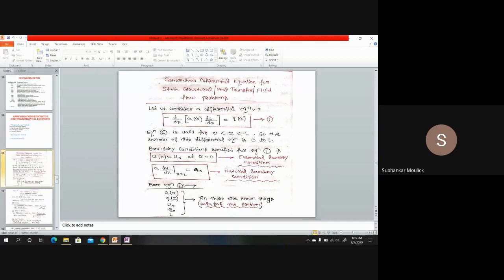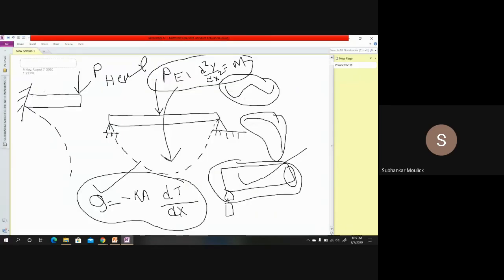Okay. So let us assume that for the given differential equation, this boundary condition is applicable for this cantilever beam problem. That means in this beam problem, what is happening? Displacement is happening.